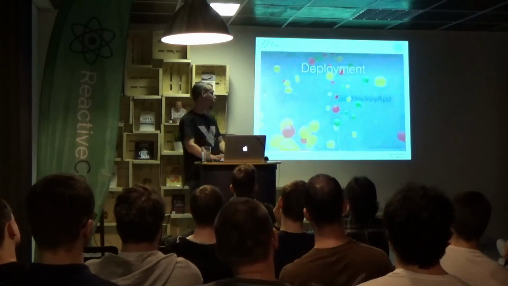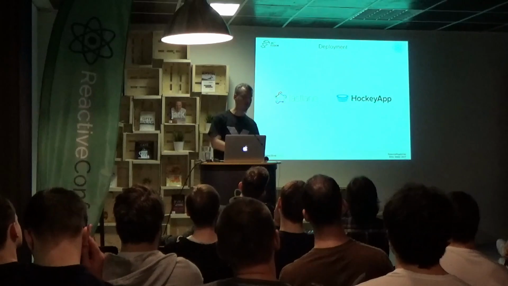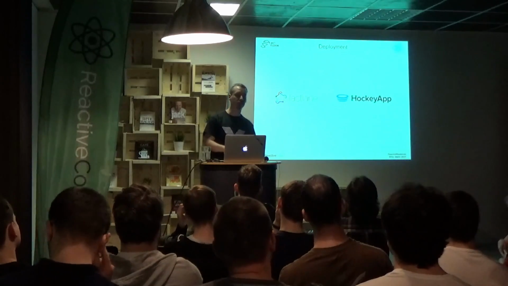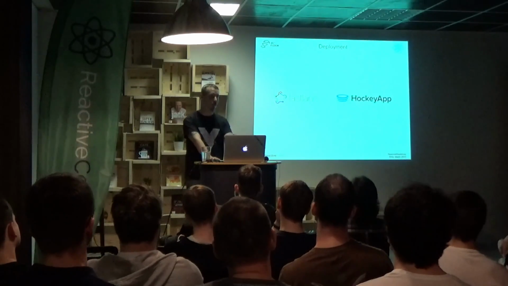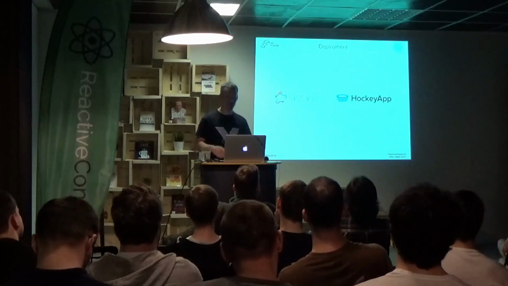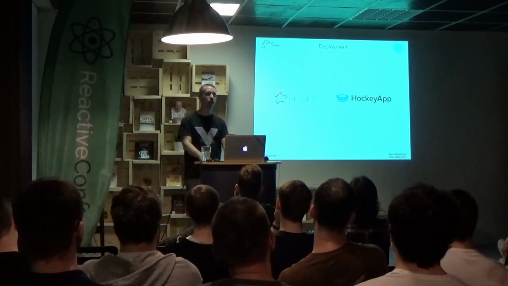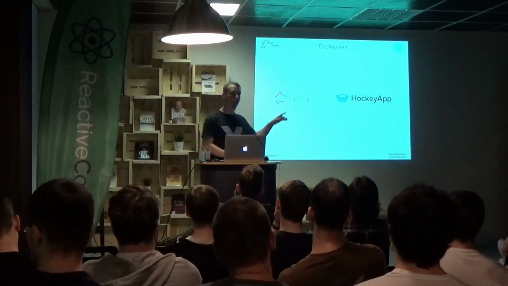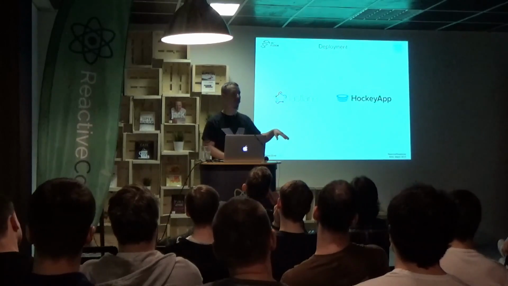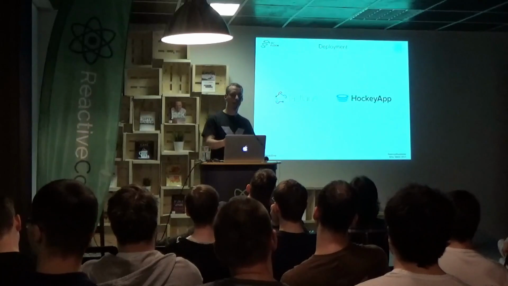Deployment, on the other hand, can be quite easy. There is one app that helps you with distributing beta releases. It's the Hockey app. You can just register users, and they have their own Hockey app client. And whenever you push a new app through this system, not through App Store or Play Store, but the Hockey app, they get notified and can install the app.